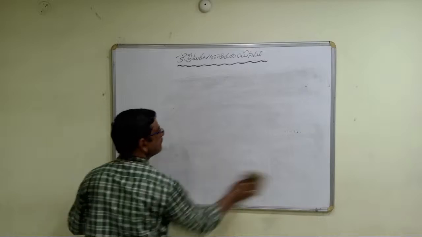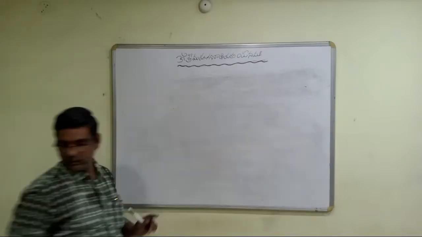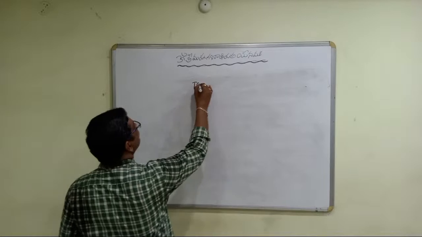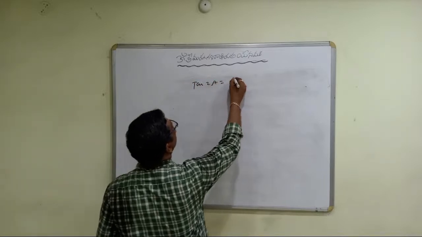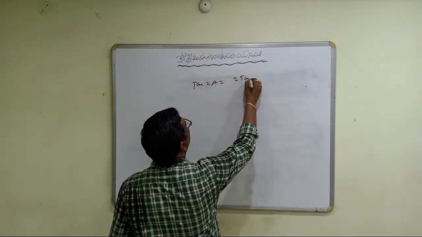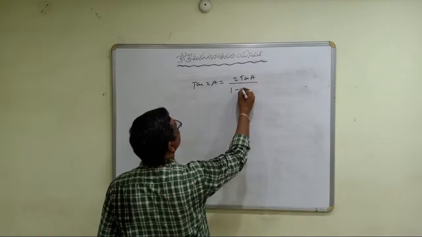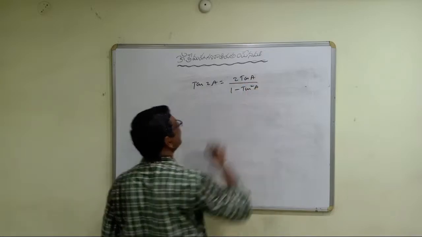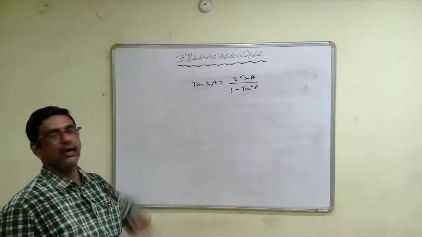One more. Using the formula tan 2A is equal to 2 tan A by 1 minus tan square A. This is our formula.